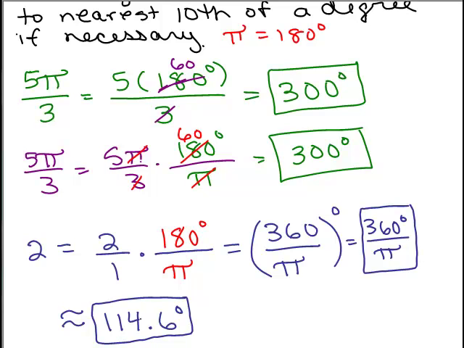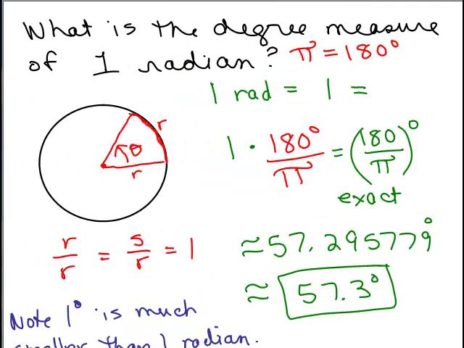Now in an earlier video we did 1 radian. I'm going to go back and find it. We did this in part 4. It says what's the degree measure of 1 radian? And we found that it was 57.3 degrees. That's rounded to the nearest tenth. So 57.3 degrees was 1 radian, and now we found out 2 radians.